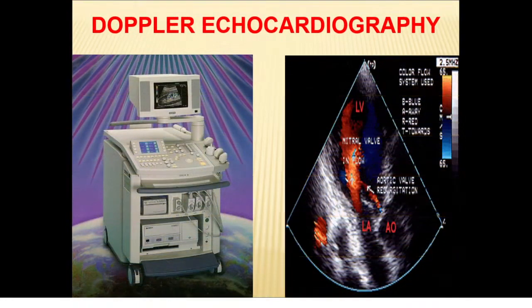Doppler echocardiography gives you information about heart activity, and first of all it is used for assessment of hemodynamics, because it shows the direction of the blood flow.